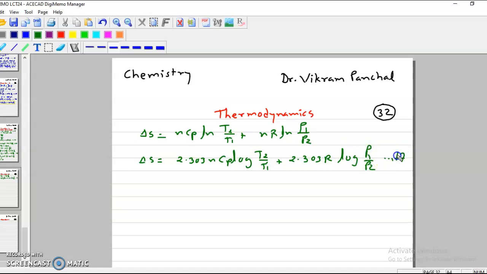This is the seventh equation. Okay. Now we will study different cases in this case.